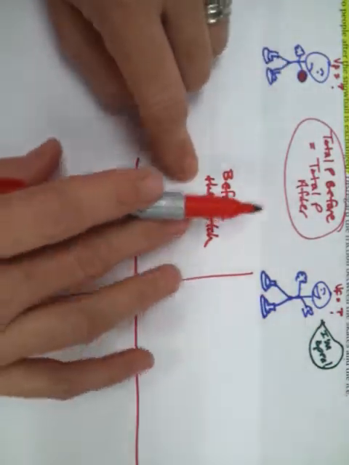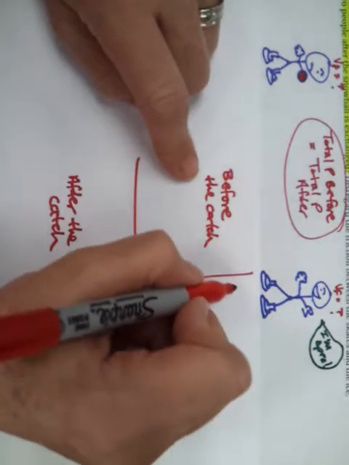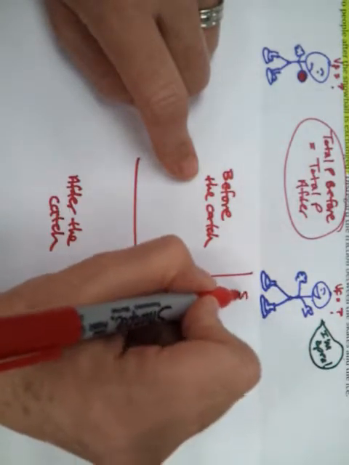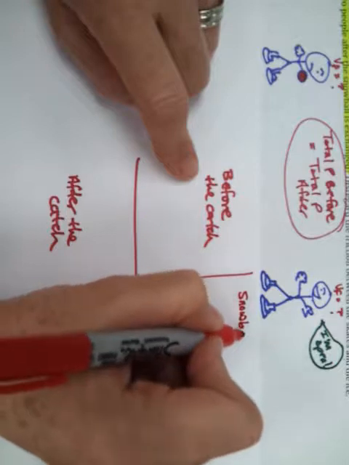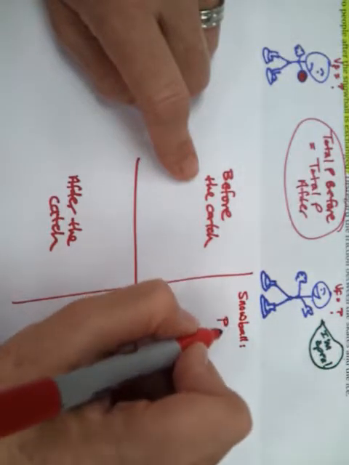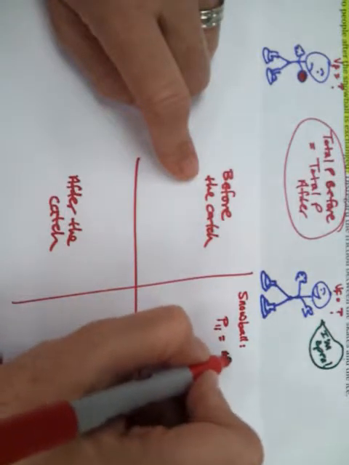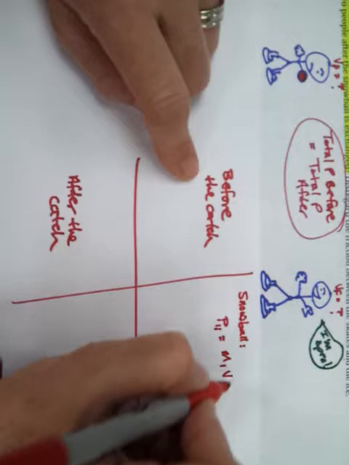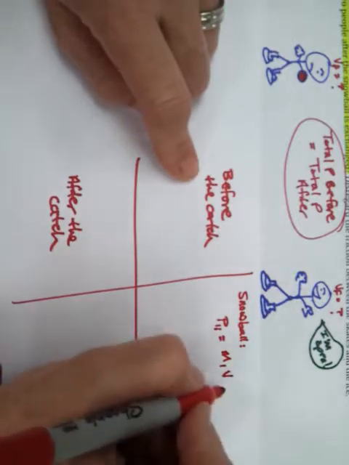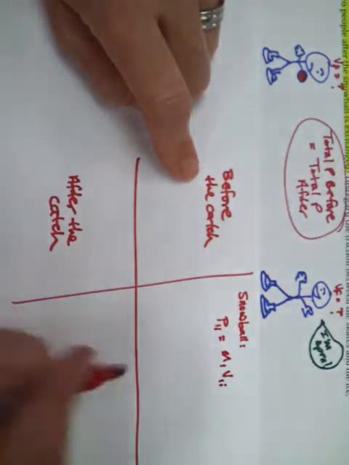So we're looking at before the catch. So before the catch, we have the snowball. And we can look at its momentum. So we have P1 initial equals M1 V1 initial.